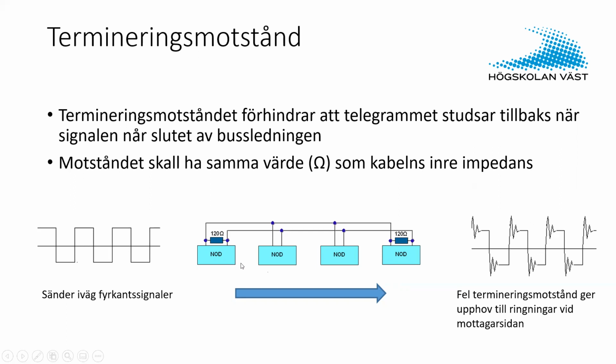It's complex, but it's a general rule that you sometimes need a resistor to match this resistance, 120 ohm here. It should match the wire's impedance in some way. Then you don't get a reflection of the signal, and you get a nicer signal. So this is a nice signal if you have zeros or ones here. If you get reflections, you get a disturbed waveform here.